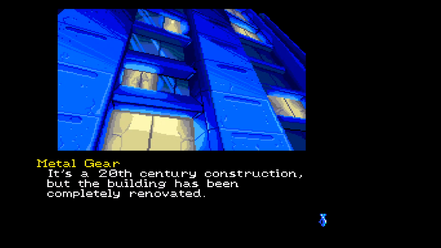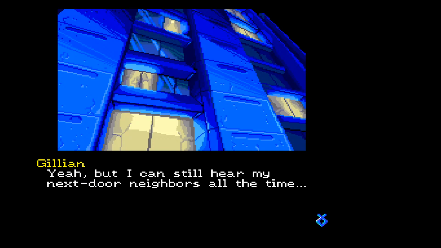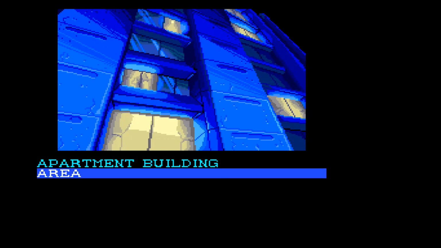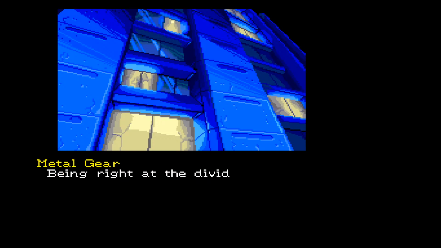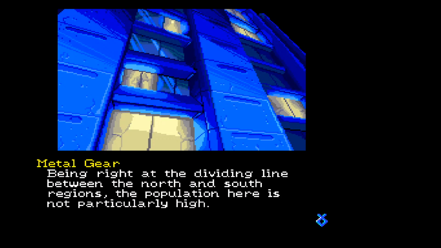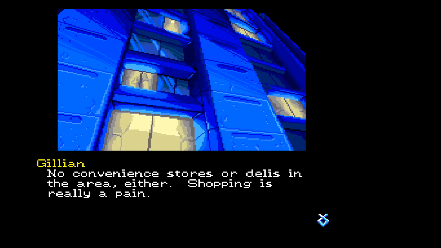It's a 20th century construction, but the building has been completely renovated. Yeah, but I can still hear my next door neighbors all the time. Probably going at it. Being right at the dividing line between the north and south regions, the population here is not particularly high. No convenience stores or delis in the area either. Shopping is really a pain.